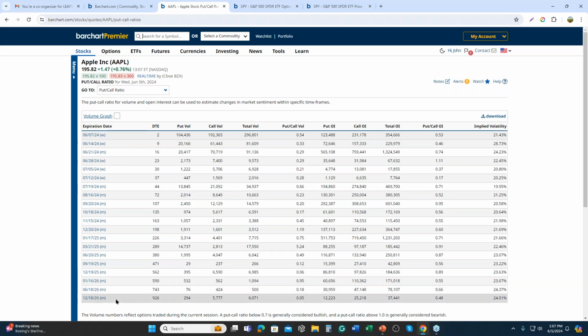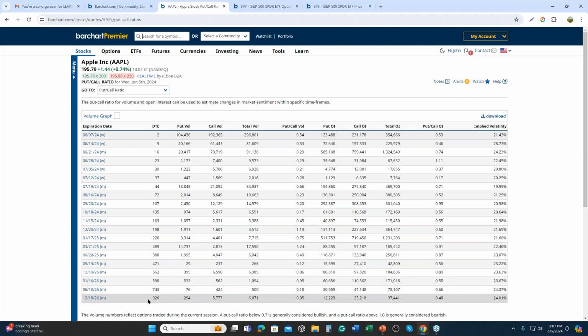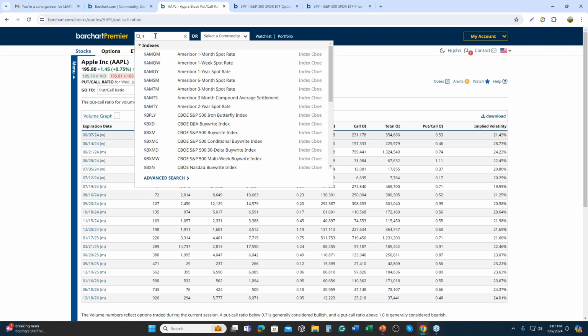You can see how far out those options are by something called the DTE, or days until expiration. For Apple, we do have one that is about a year out, 2 years, and about 2 years plus.